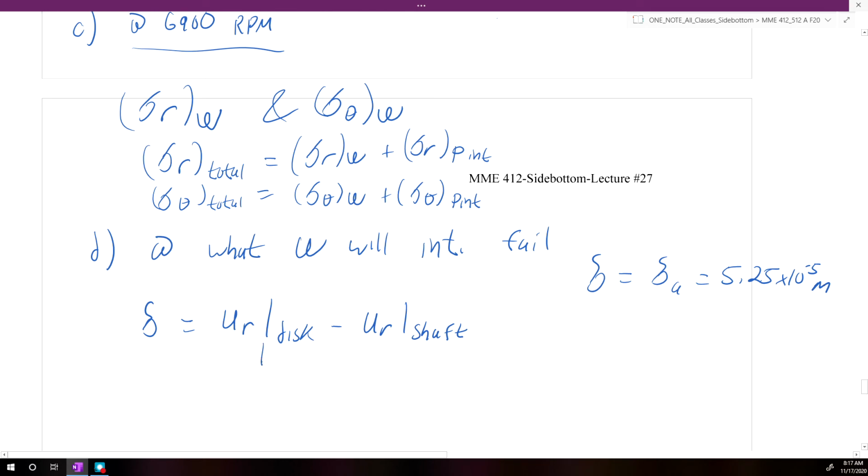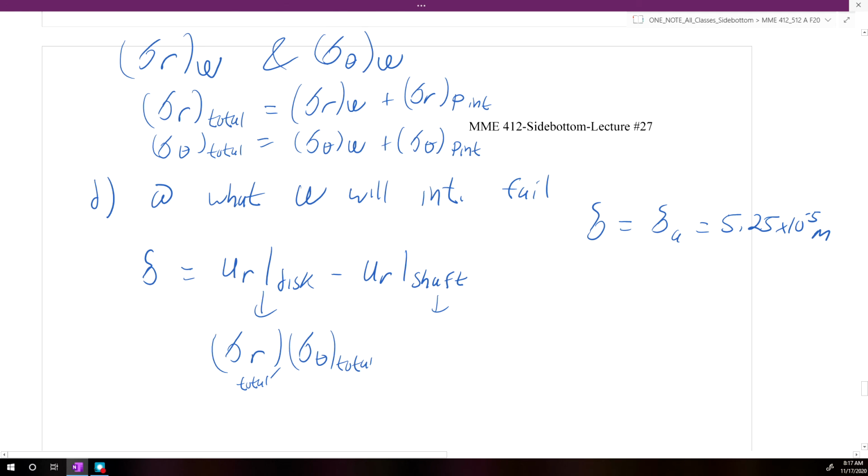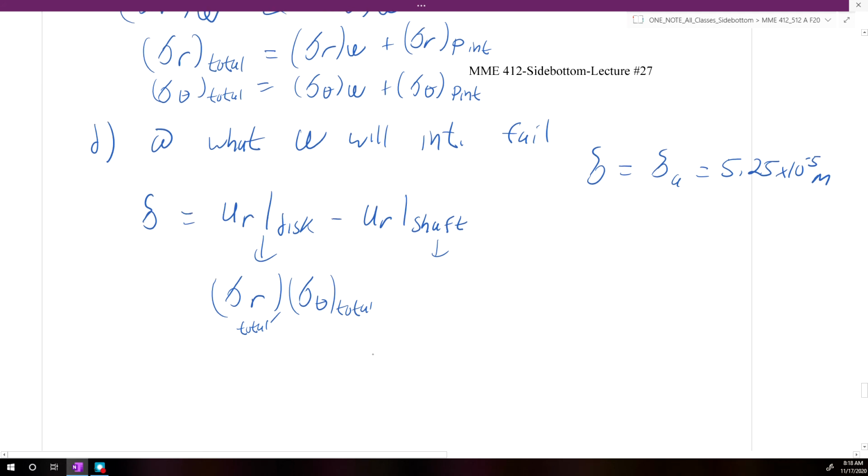All right, and we can then solve for UR disk and UR shaft. So both UR disk and UR shaft are functions of total sigma R and sigma theta total, for both the shaft and the disk. So if you plug in those values, we can then solve for everything in terms of omega. All of these will have omega squared terms in them.